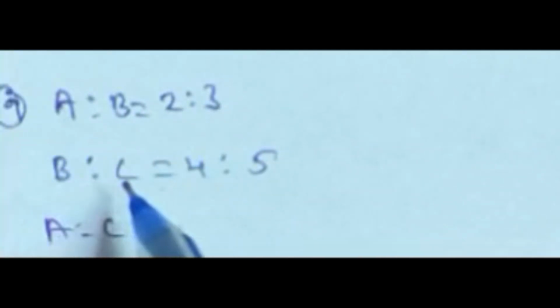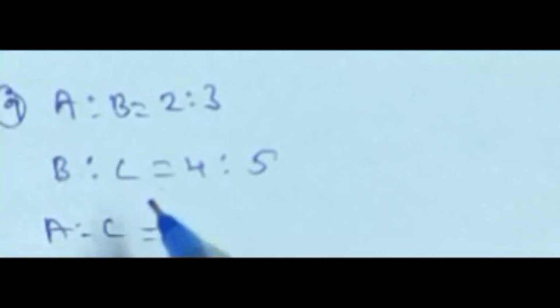Ninth model is compound ratio, combining two ratios into one. So here he has given us A is to B is equal to 2:3, B is to C is equal to 4:5. Then he is asking us to find A is to C. For that we want the B values to be the same. So here B is 3, here B is 4. So we have to multiply each whole ratio with the other's B value.